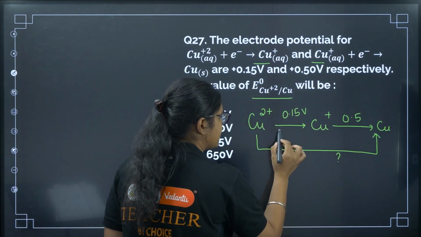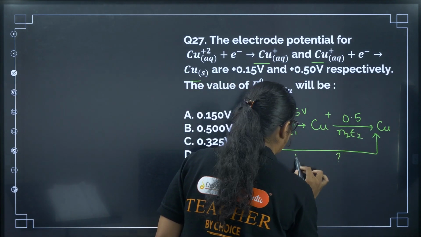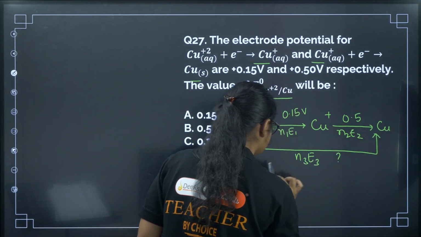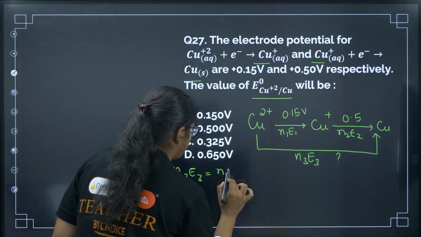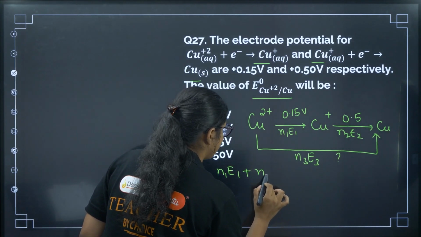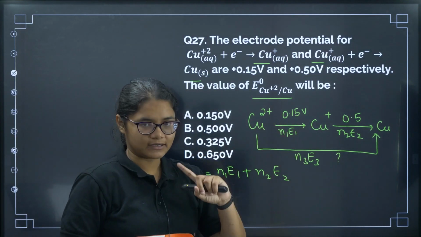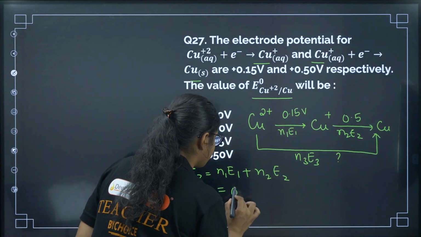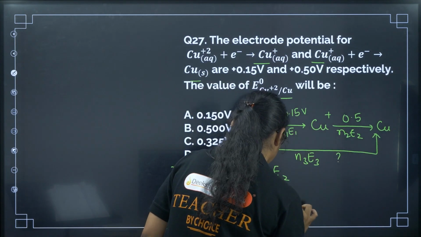So our formula is n1E1, n2E2 and n3E3. So what is the formula here? n3E3 is equal to n1E1 plus n2E2. Now here the number of electrons for +2 to +1 is 1. E1 value is 0.15 volt. Similarly, here it is 0.5 volt.